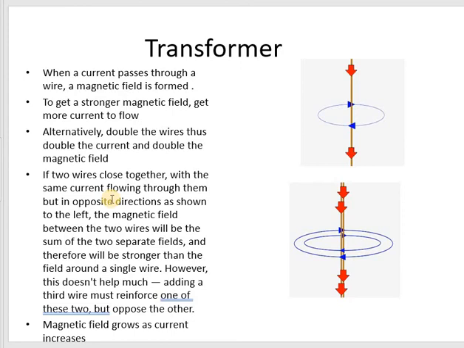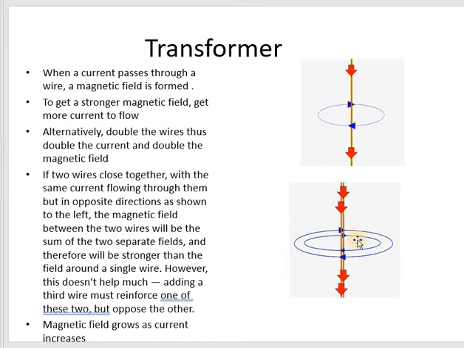If two wires are close together with the same current flowing through them in opposite directions, as shown in this photo, the magnetic field between the two wires will be the sum of two separate fields, so they'll be doubled up.